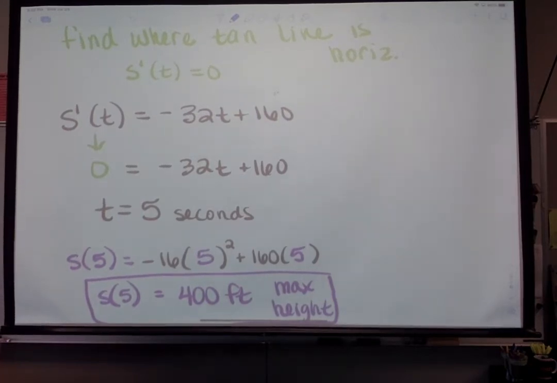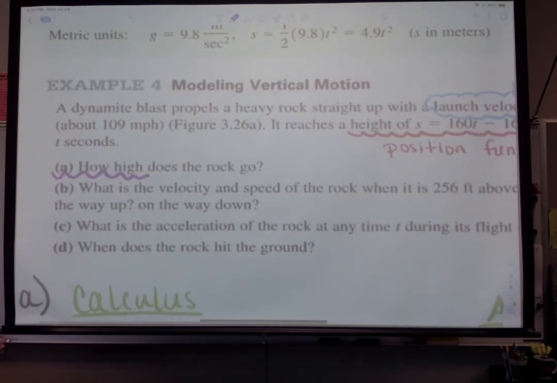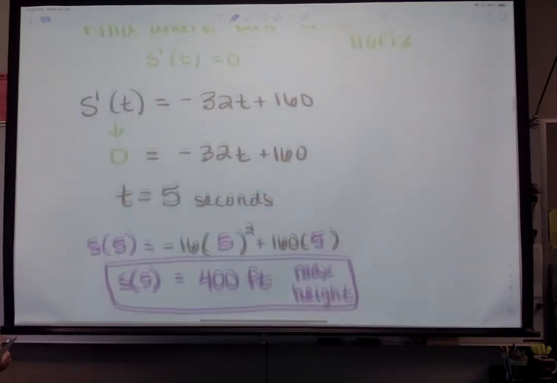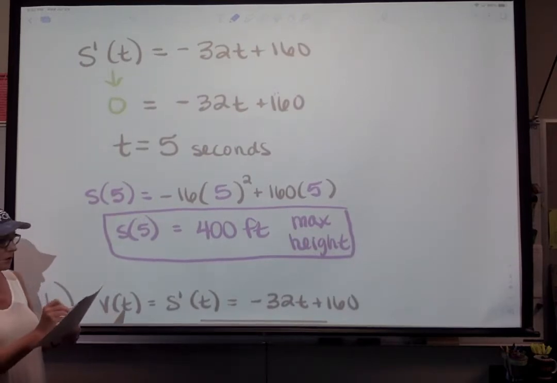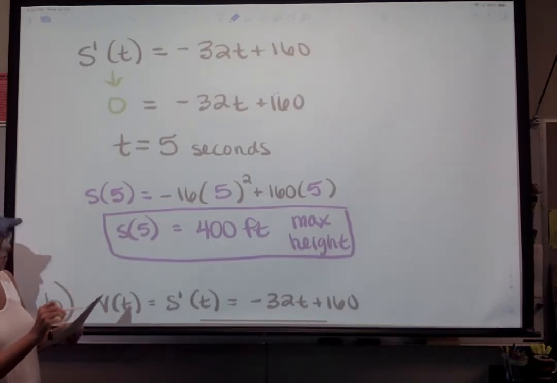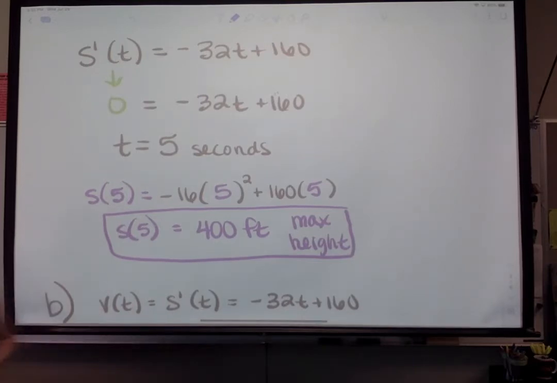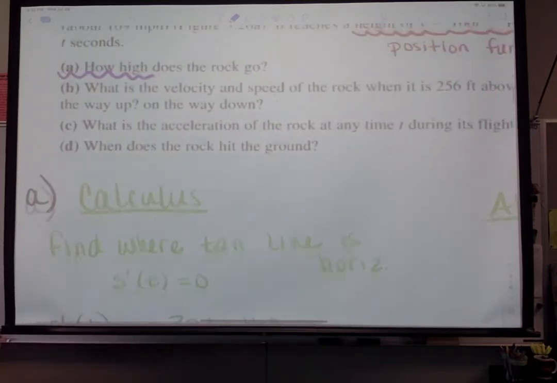Okay, part B. What was the velocity and speed when it's 256 feet above the ground, way up, way down? Okay, so for part B, when the height, okay, so this is important.